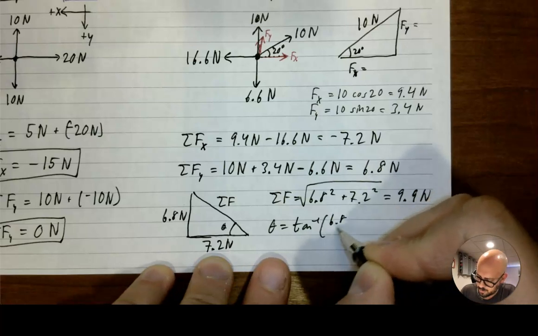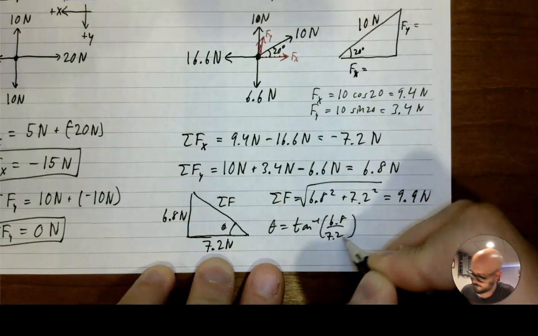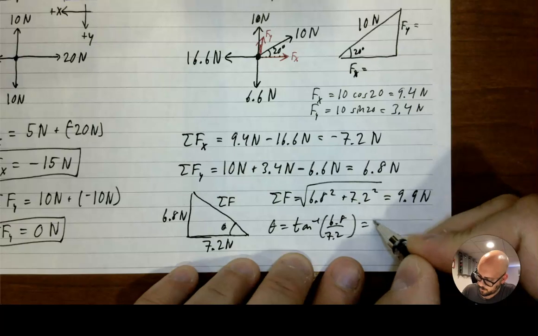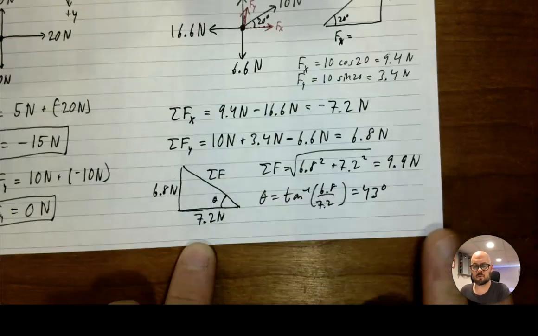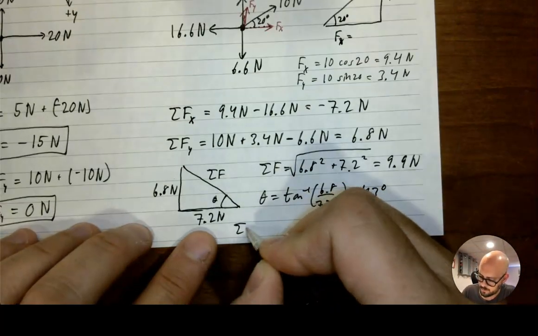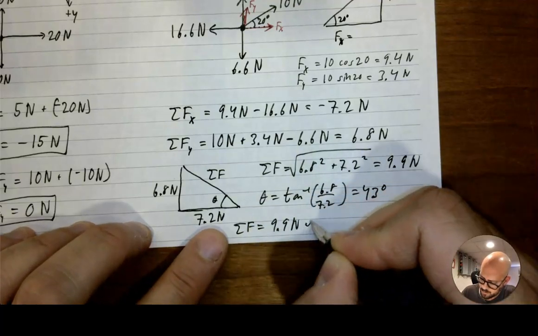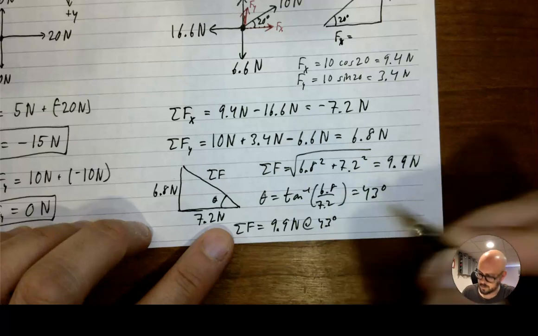And the angle is 43 degrees. So this net force is going to be 9.9 newtons at 43 degrees.